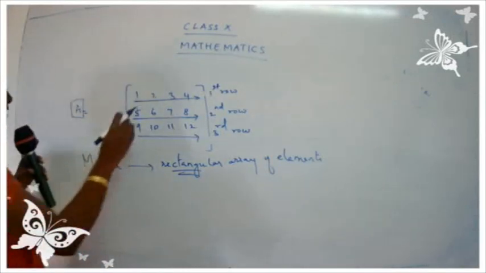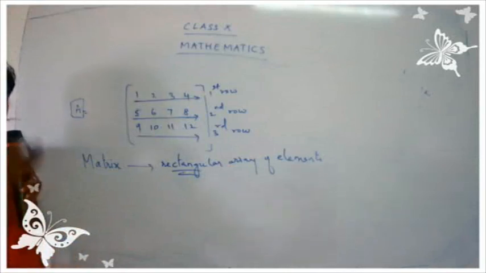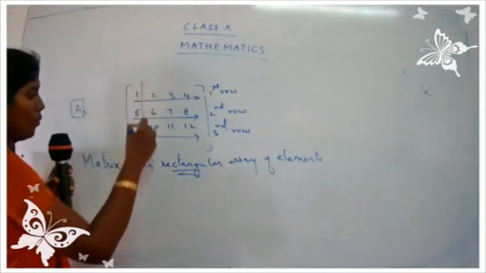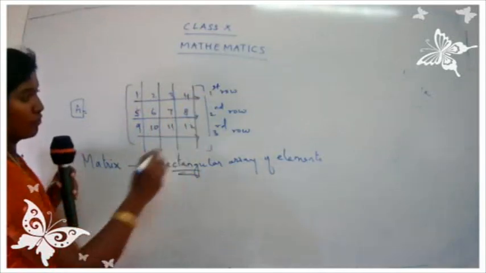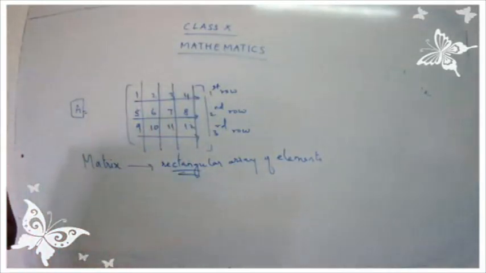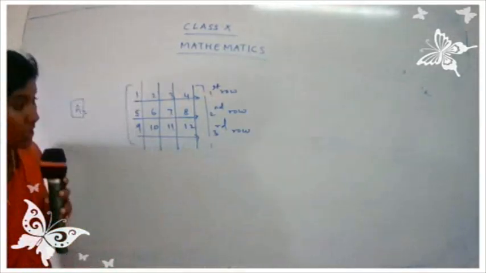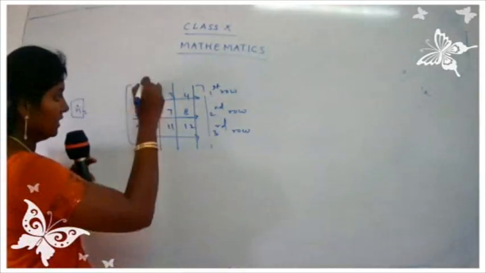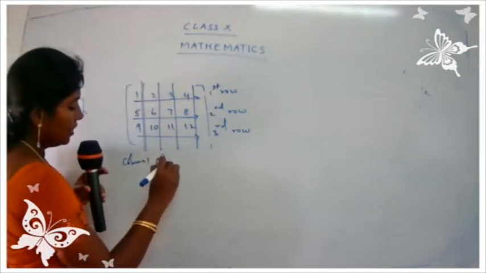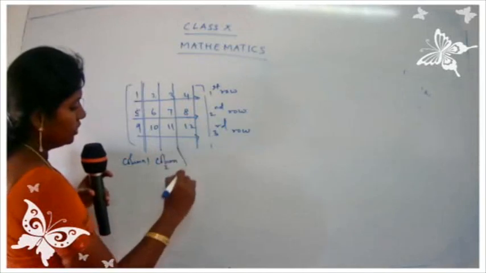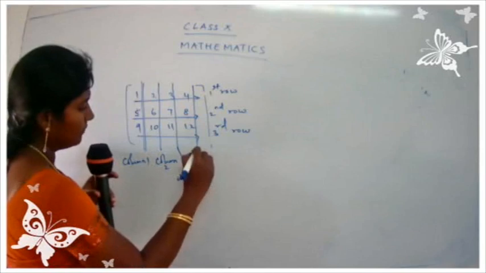Okay, now coming to the next part. Now we have some numbers which are arranged vertically. Yes, see, 1, 2, 3, 4. So these vertical arrangements are called columns. Are you clear, children? What is a column? The vertical arrangement. So how many columns do you have here? Column 1, column 2, column 3, column 4.